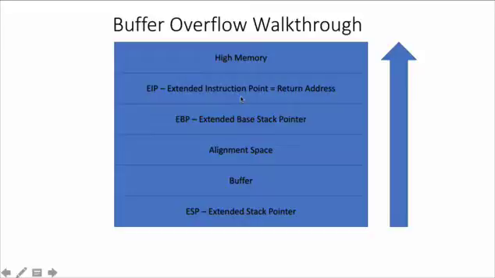But if we can get the 100th character to actually sit inside this EIP, inside the extended instruction point, which points to somewhere where the application is supposed to execute, you can, at your 600th character, get the application to actually execute code, which it's not supposed to do.